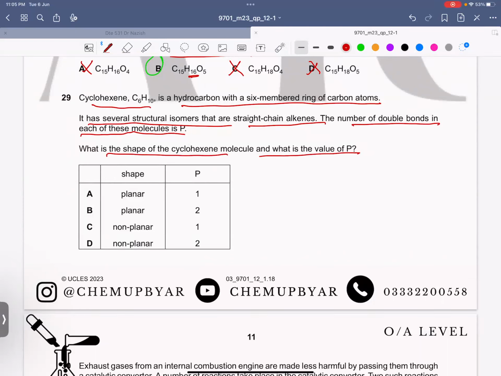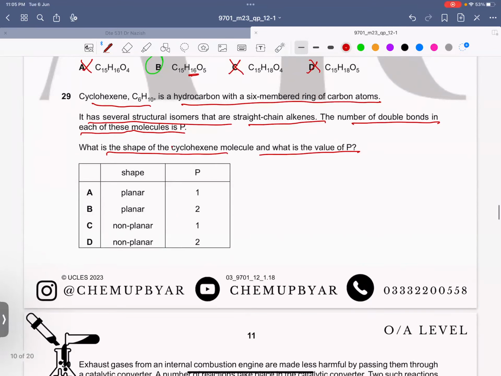If we talk about cyclohexene, there is 1 double bond, so it must be non-planar.